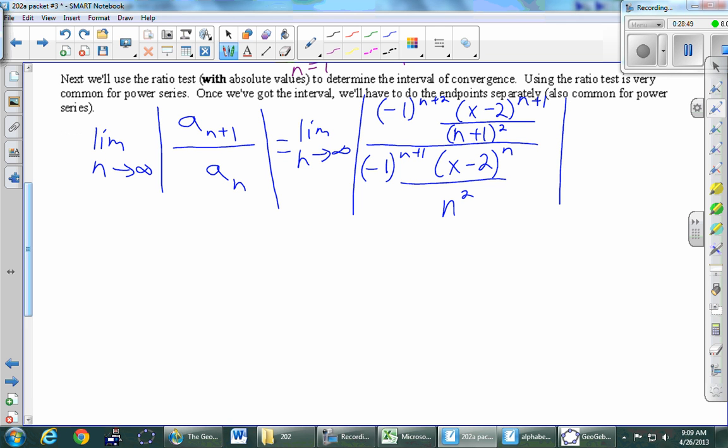All right, so we're going to do some algebra on this, and it looks a little bit frightening, but you guys have a lot of experience now with handling fractions within fractions, so that's what we're going to do here. I'm still copying the limit, and n is going to infinity at the end of this problem. I'm going to copy the x minus 2 to the n plus 1 divided by the n plus 1 squared.